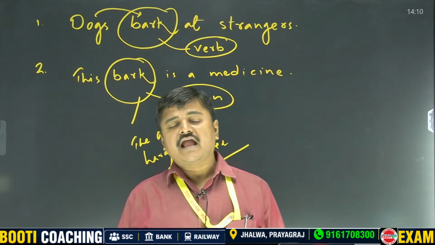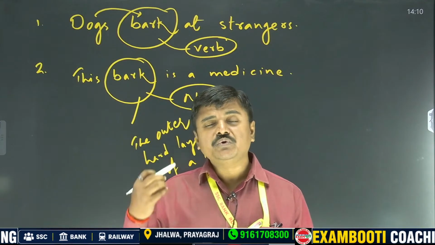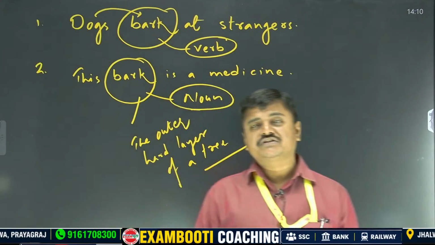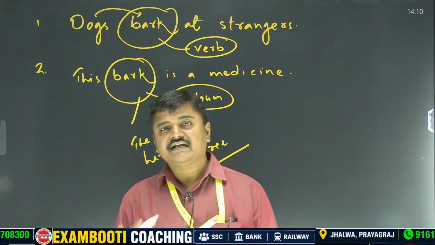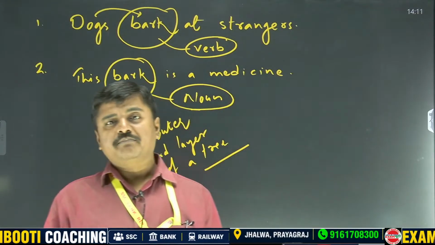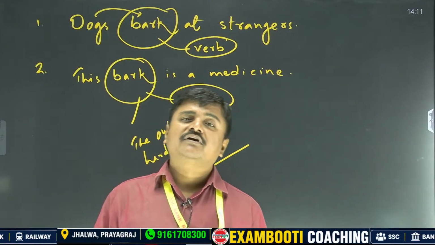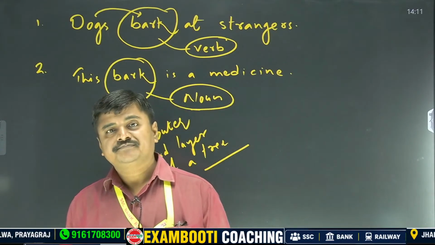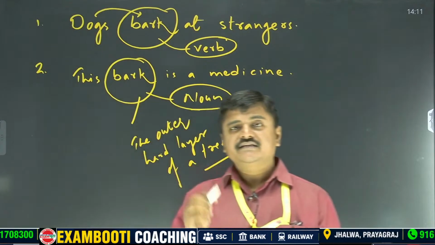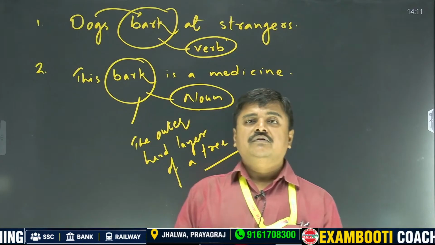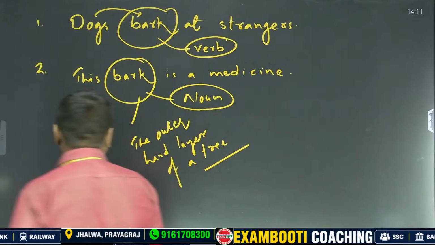This is what happens when you do not have the idea how a word functions differently in a different sentence, and when parts of speech change, the meaning of a particular word also changes. This is the interesting part of it. So what is the conclusion?